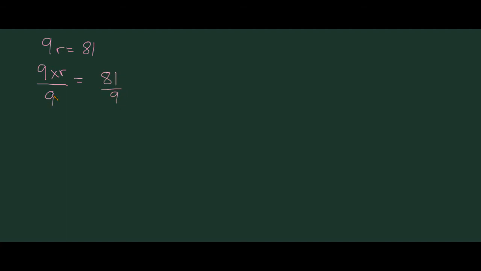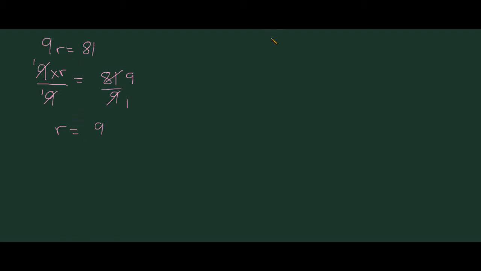Doing that, 9 cancels out, and we have 1, because 9 divided by 9 is 1, and 81 divided by 9 is 9. So this would be 1 times r divided by 1, that will still be r, and 9 divided by 1, we have 9. So the answer for r is 9.